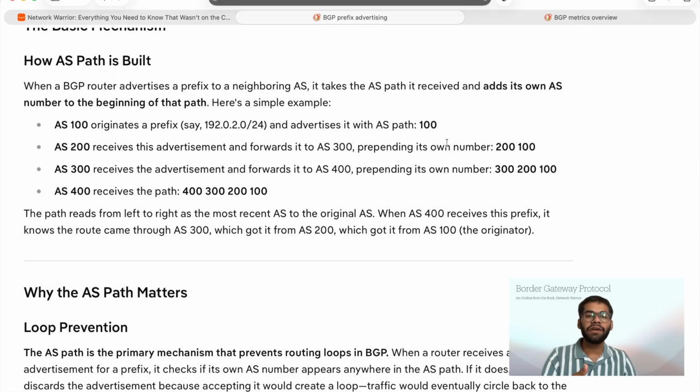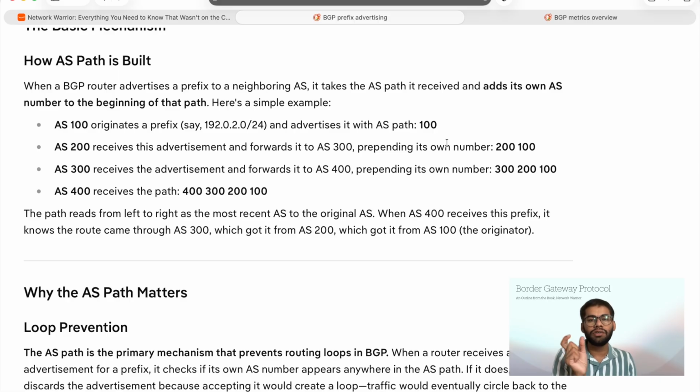Okay, so we have an autonomous system of 100. When we advertise this path, we will append our autonomous system along with the route. So it will become 100, then 192.0.2.0/24. After our path goes to another autonomous system, that router will append its autonomous system number, 200, to that path.